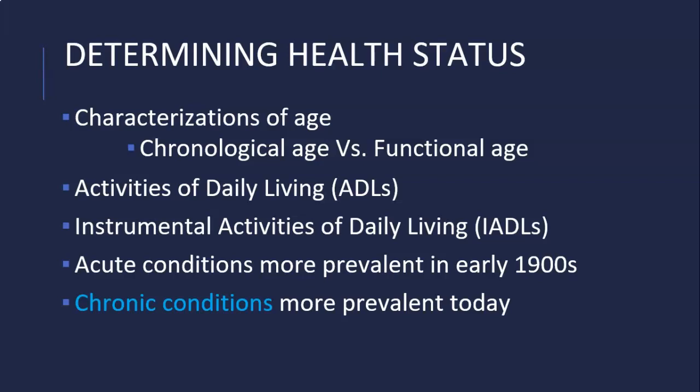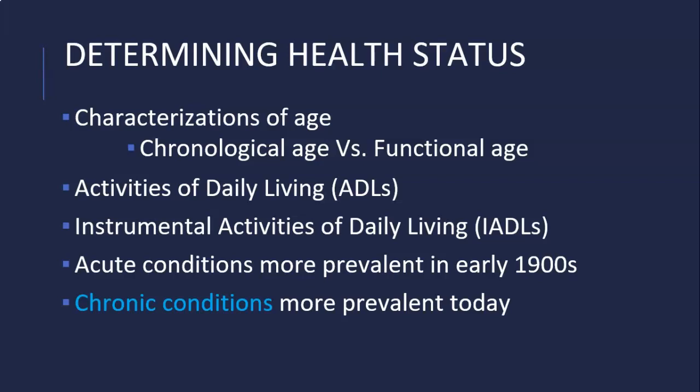So thinking about a few things here, we want to think about our older population in terms of chronological age versus functional age, because when we have individuals who have chronic conditions, depending on whether they're stable or unstable, we may have a young old person or an old young person, if that makes sense.